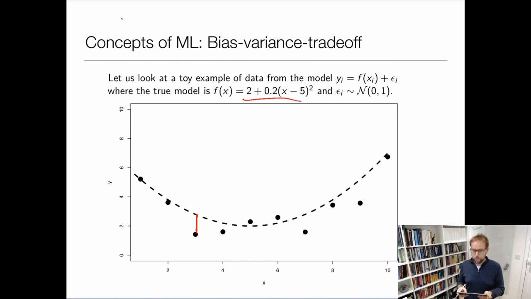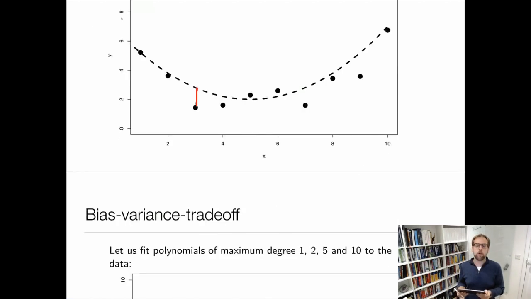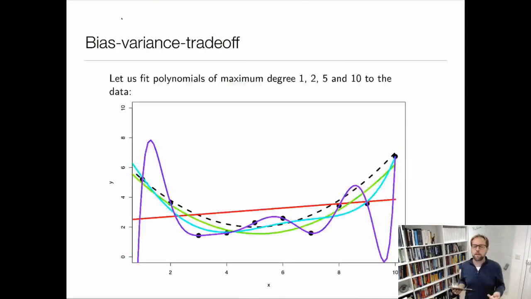What happens if we fit several polynomials, as I just mentioned, one of first degree, second degree, fifth order, and 10th order here. You can see the first order, the red line, is a linear model, so this will fit the data points okay, but it's still quite far off from the true model, which is the dashed line. Now the green line is the quadratic model, which unsurprisingly fits the dashed line the best, just by looking at it with the eye, without resorting to any more fancy measures.